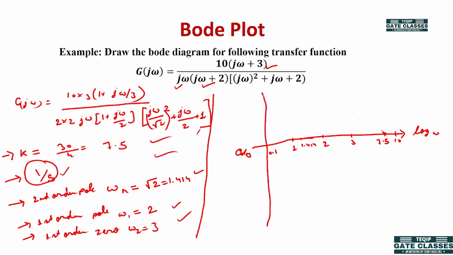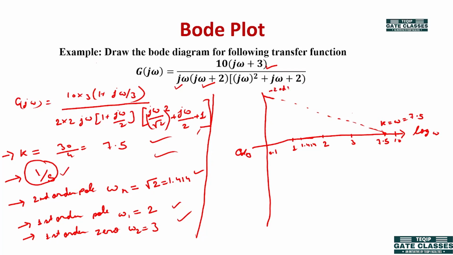So we have this line. Let's draw a 20 dB per decade line which will be cutting at K is equal to omega, that is equal to 7.5.